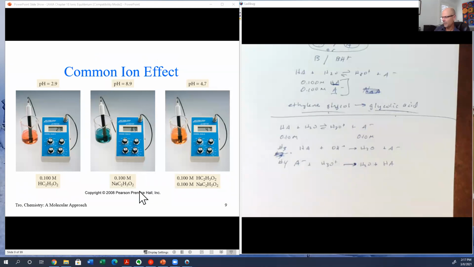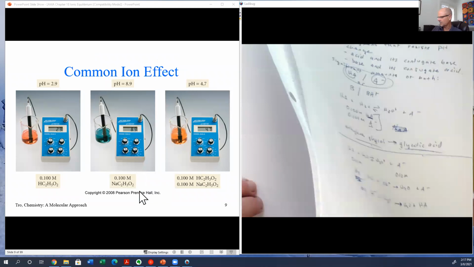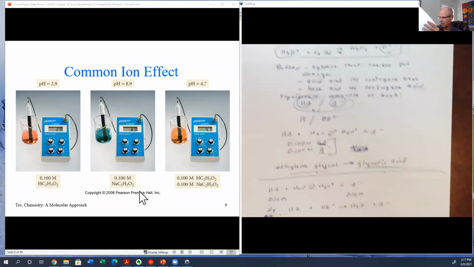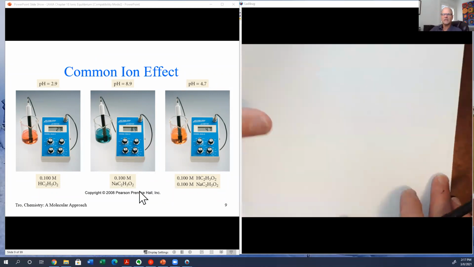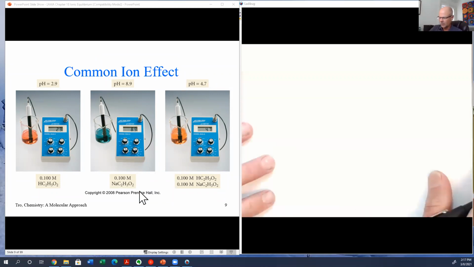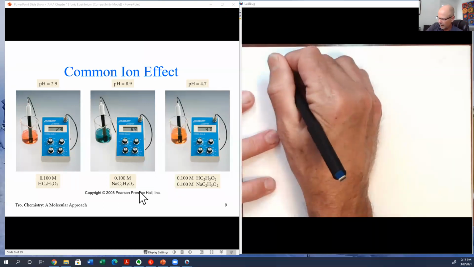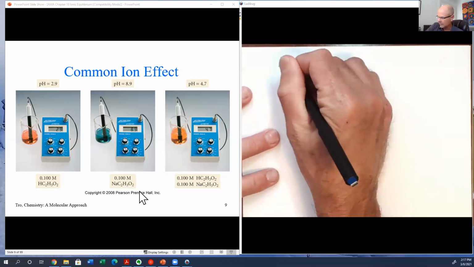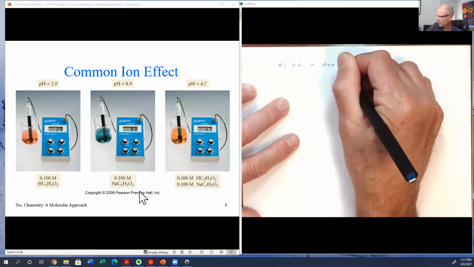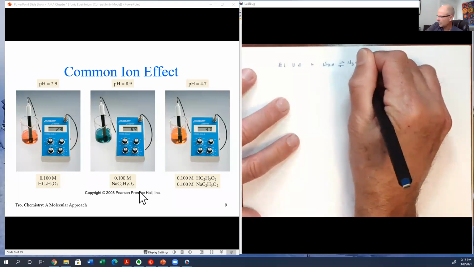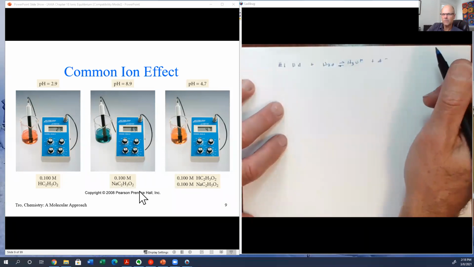So I'm gonna write out all 4 of these equations for you right now. And these 4 equations, just make yourself a note card or a 3x5 card and put it up where you study, because these 4 equations are going to be the ones you're going to need in order to really understand this chapter. The first 2 you already know, right? The first equation is HA plus H2O in equilibrium with H3O plus A minus, right? That's an equilibrium equation, all right? You've seen that one.